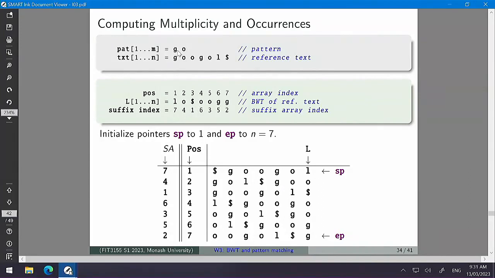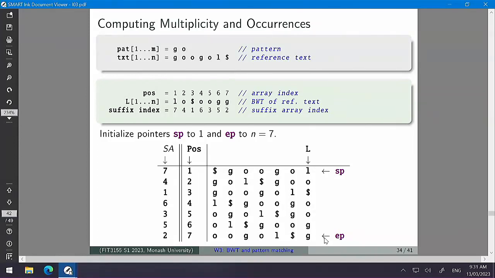Now let's search for the pattern GO. It's a very simple thing, two letters. What did we say we should set the original start point and end point to? Point the start point to 1 and the end point to N. So the start point is pointing to the first letter of the Burrows-Wheeler and the end point to the last letter before you start the algorithm.